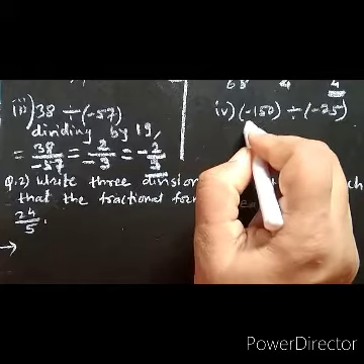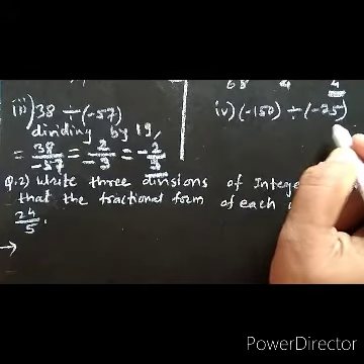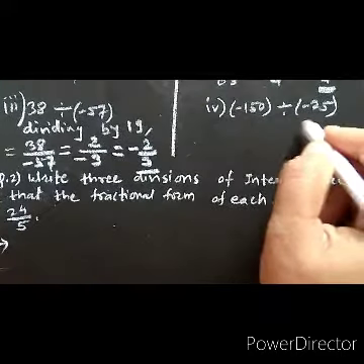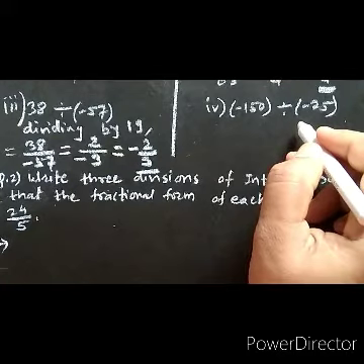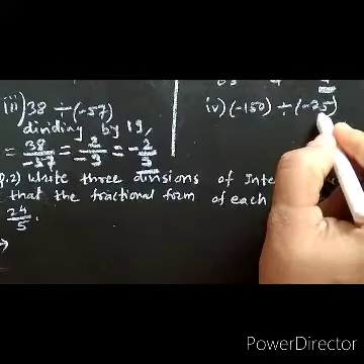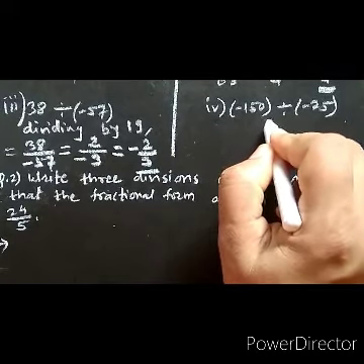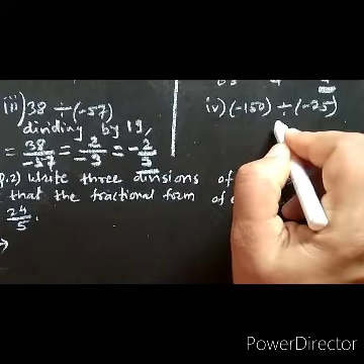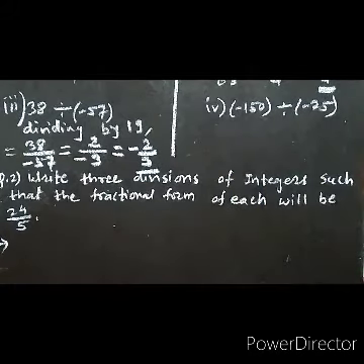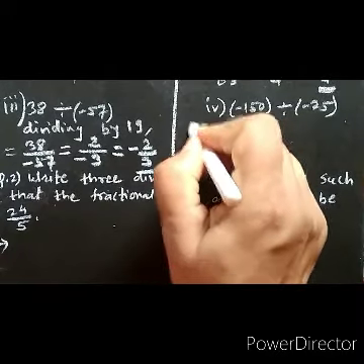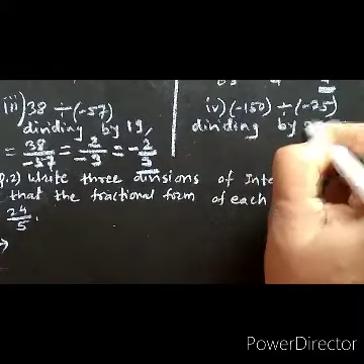Now let us see the next one, minus 150 divided by minus 25. We can divide directly by 25 or we can divide by 5. In 25's table 150 is there. 25 6s are 150. Therefore dividing by 25.